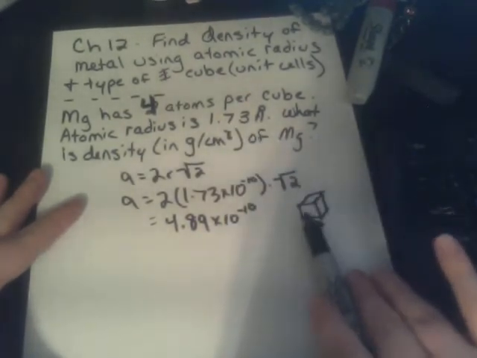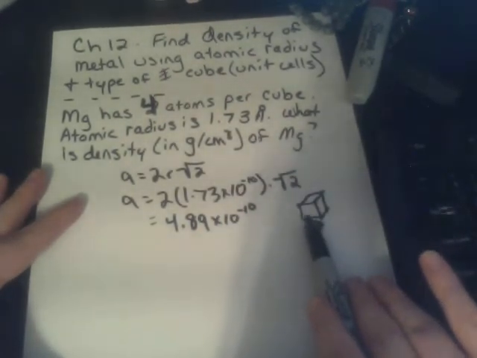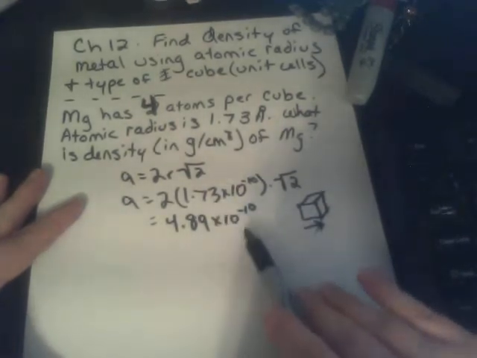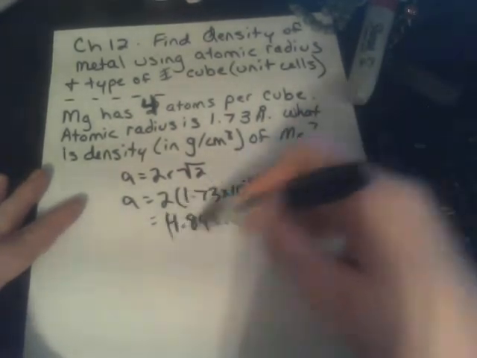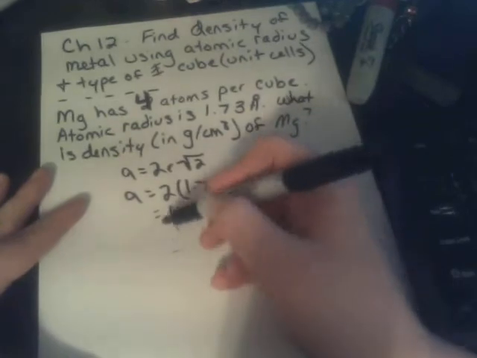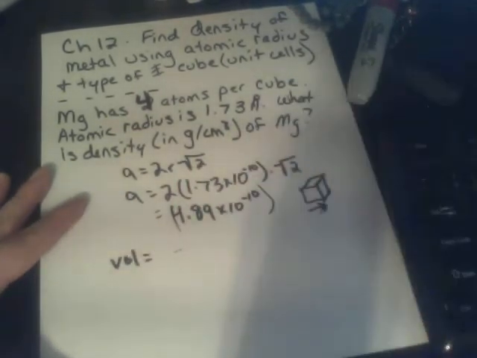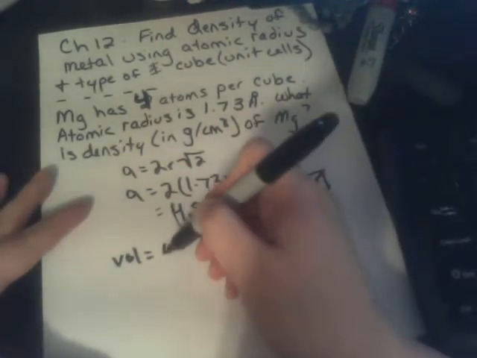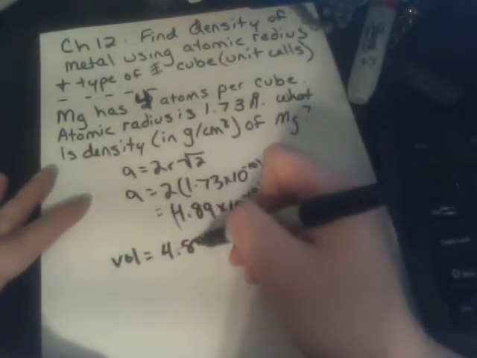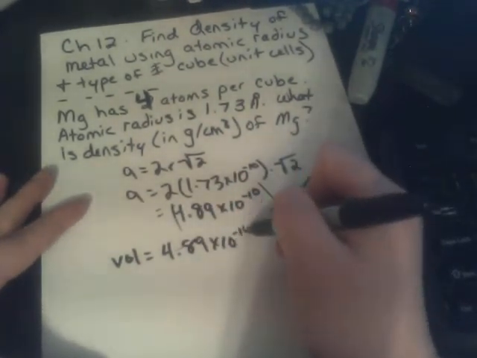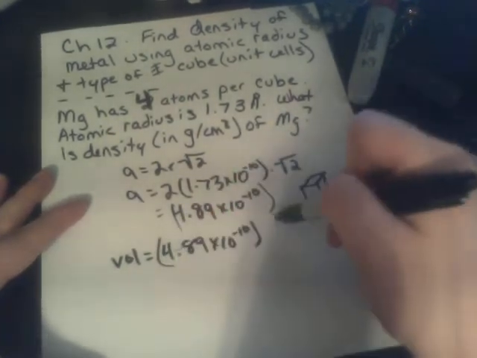That's why we need the volume of this unit cell. So what do I have to do to this number? I have to cube it. The volume of the cube is going to equal 4.89 times 10 to the negative 10 to the power of 3.